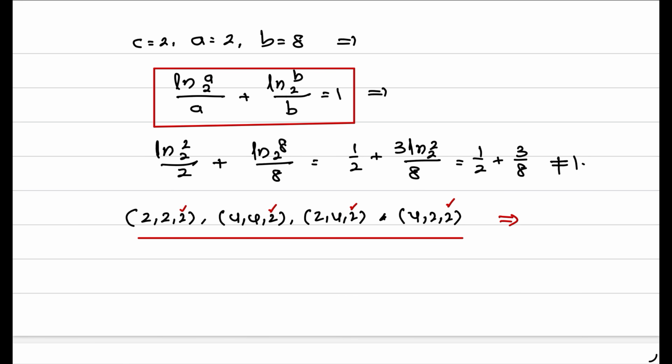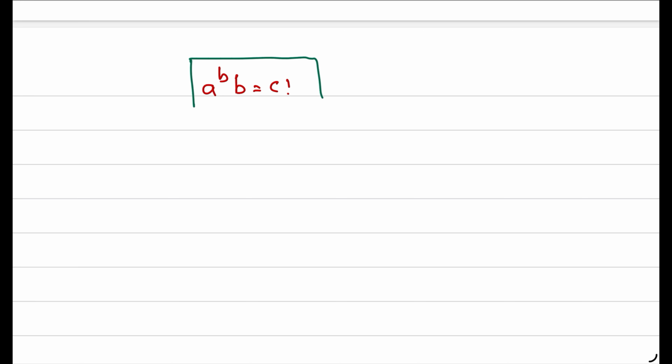For better understanding of the Bertrand's postulate and prime factorization, please have a look at my other lecture in which I have found the solutions for A to the power of B into B is equal to factorial C. This is what I have solved and found the unique solution for it.